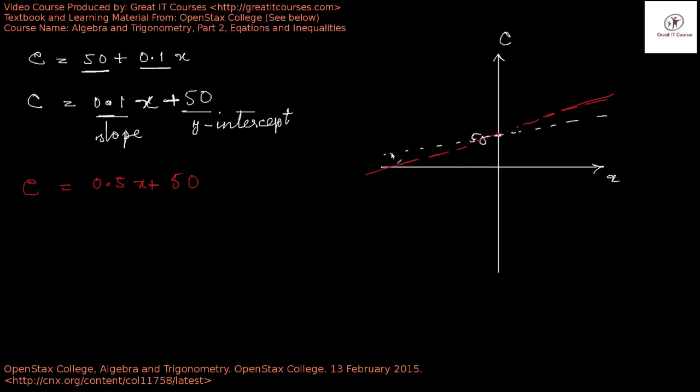So now you can simply compare the two functions, and you can see that the second function, the red one, the value of c is getting larger and larger at a much faster rate as compared to the function in white.